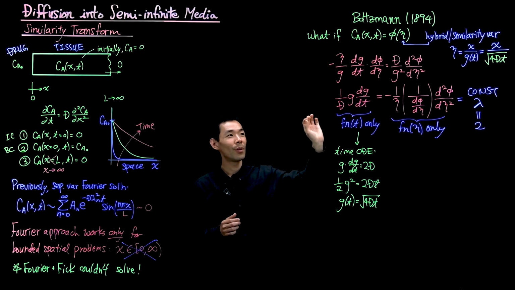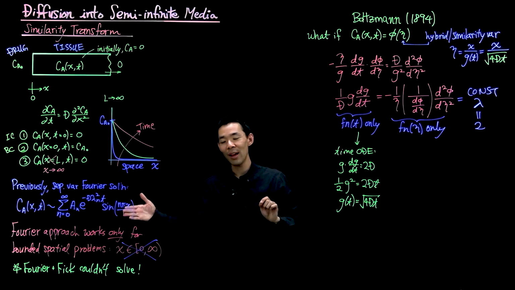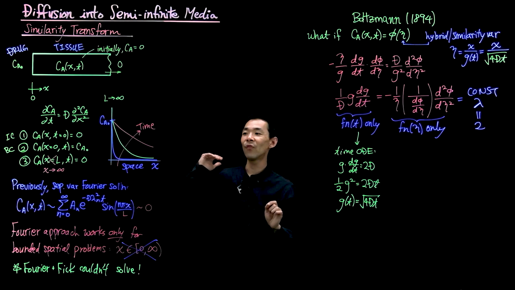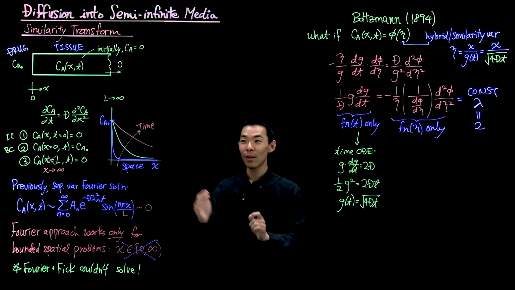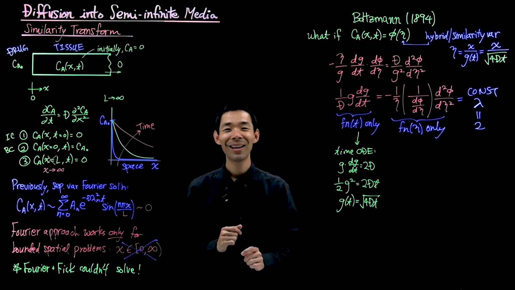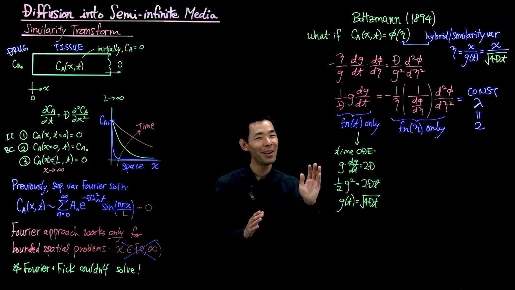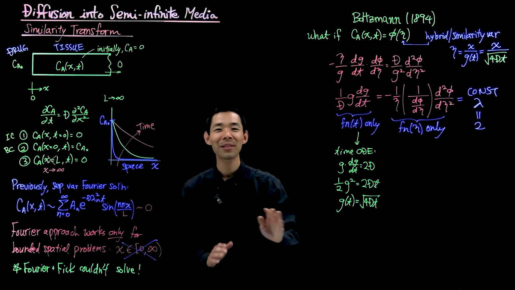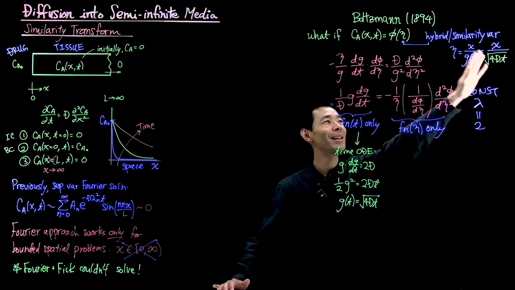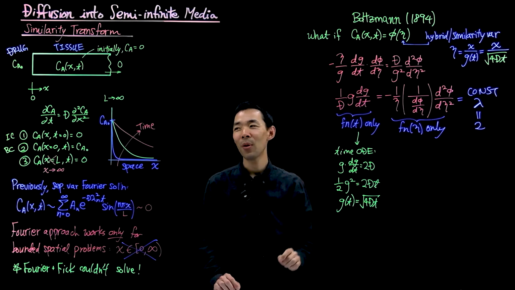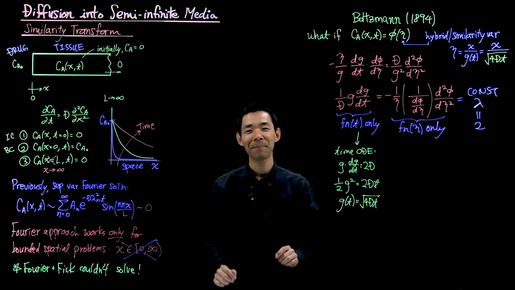So 2 steps to the left in x means 4 units of time that you have to wait to achieve the equivalent diffusion strength. Okay, it's very interesting. This is where diffusion and random walks all come into play. So this is a very important result that comes when you make the similarity variable for the diffusion equation.